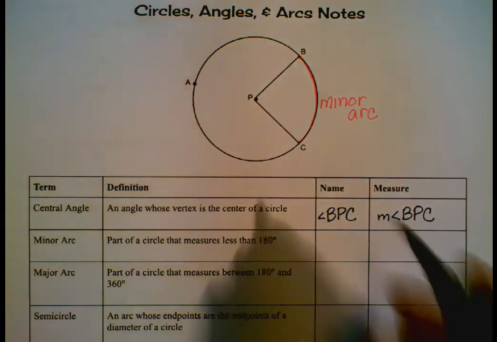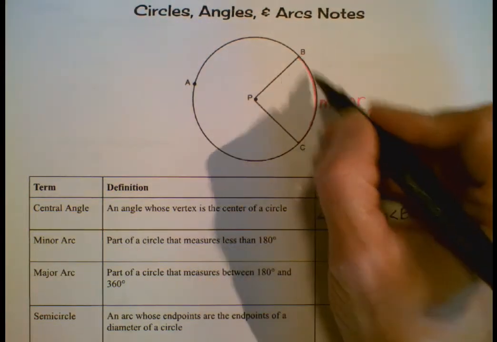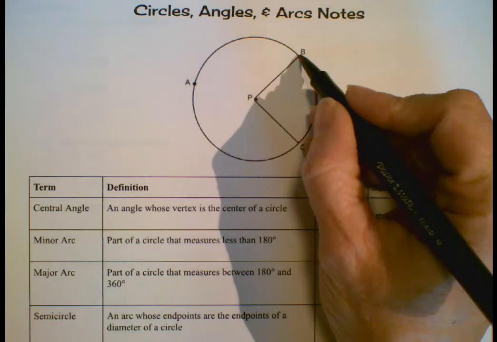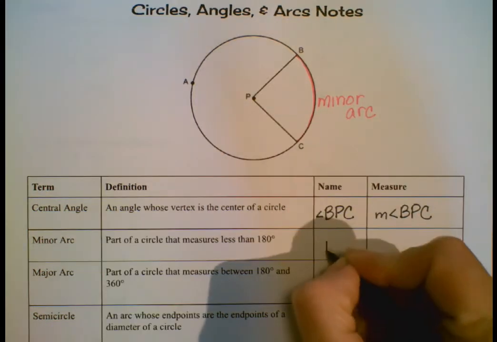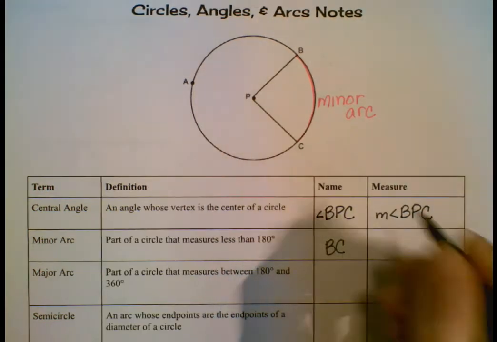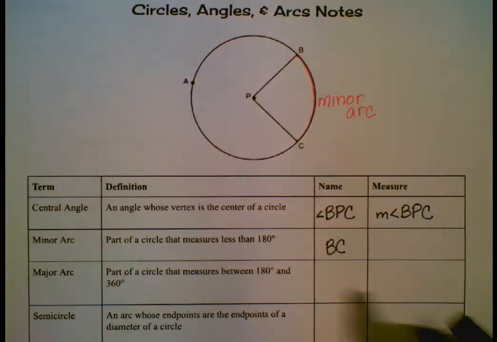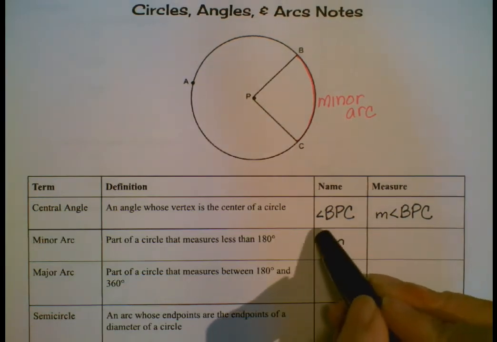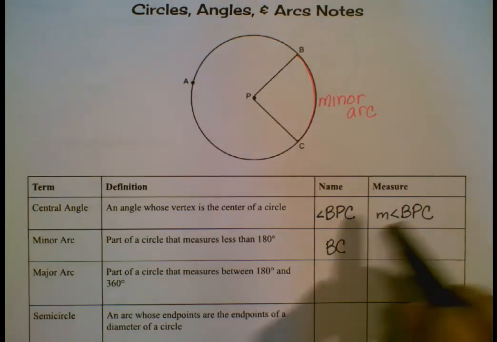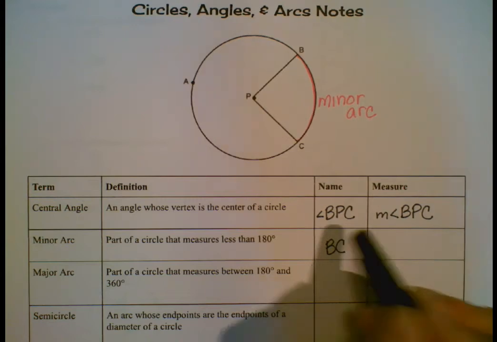When we name an arc, you name it with the two endpoints. When it's minor, name it with the two endpoints, B and C. And we have several different objects that we name with two letters. We have segments that we would draw a little segment bar across the top. If it were a line, we'd draw a little line across the top. If it were a ray, we'd draw a little ray across the top.